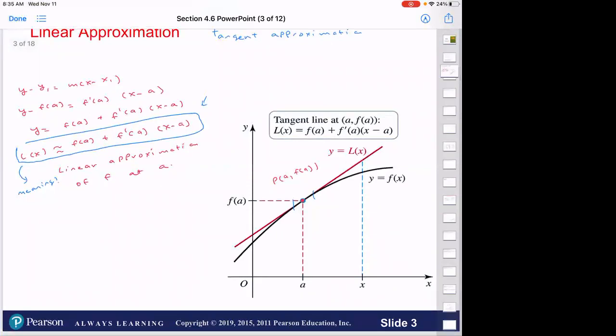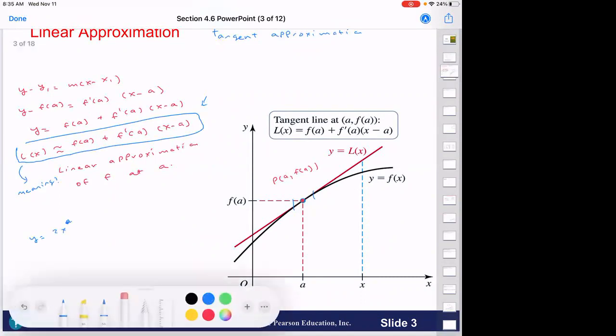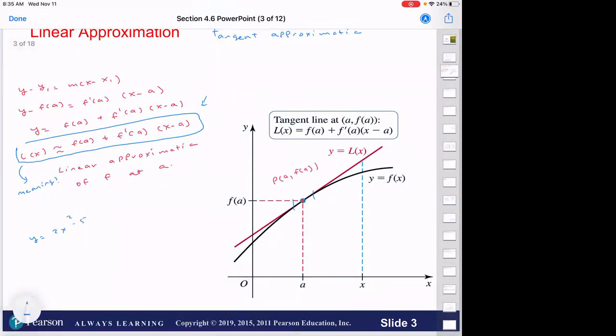Look, suppose you have a function y equals 2x squared minus 5. Now find the equation of the tangent line at the point (2, 3).